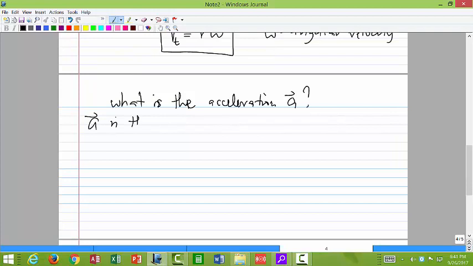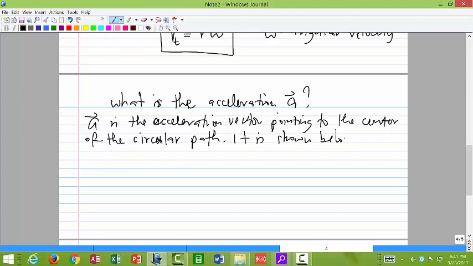A is the acceleration vector pointing to the center. In the XY system again, we have the particle moving from one position to another. A is the acceleration that points here, and this would be a velocity V final, and this a velocity V initial.